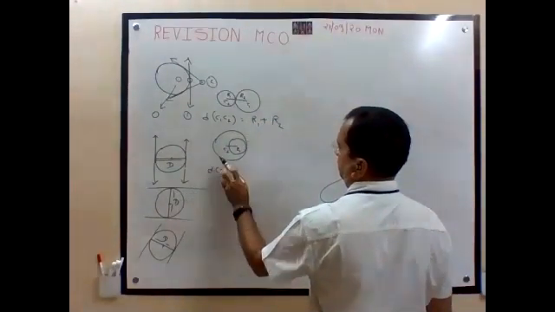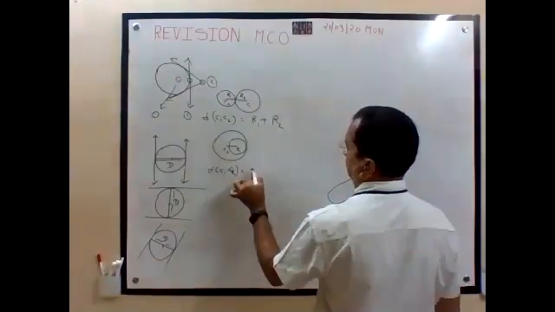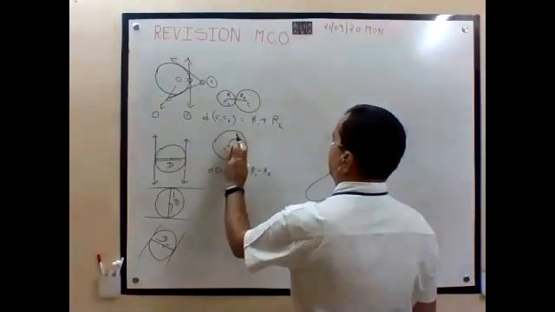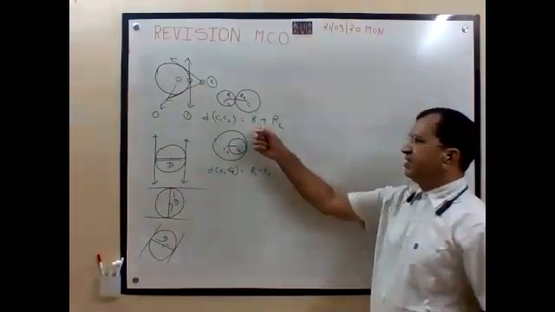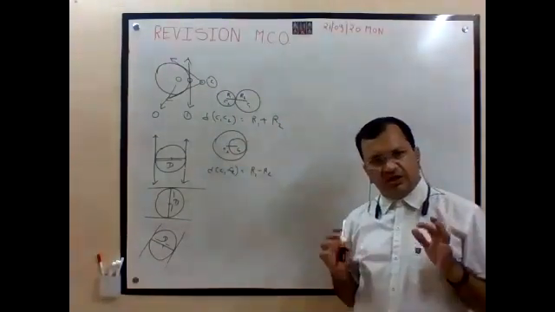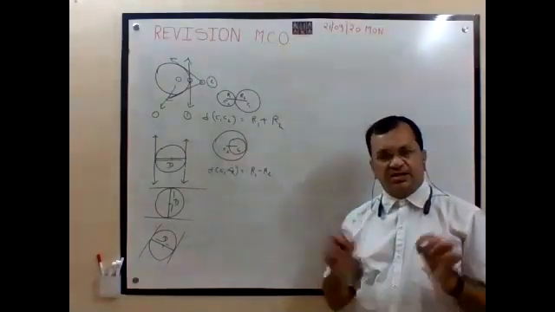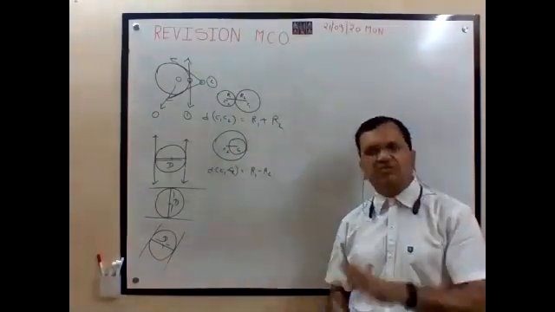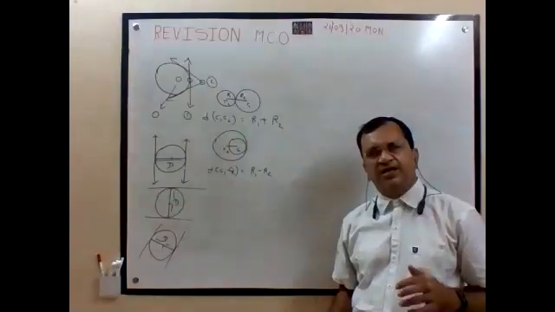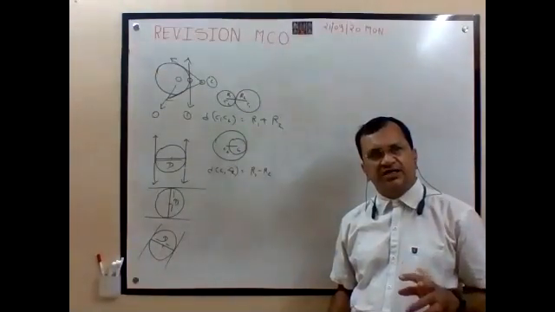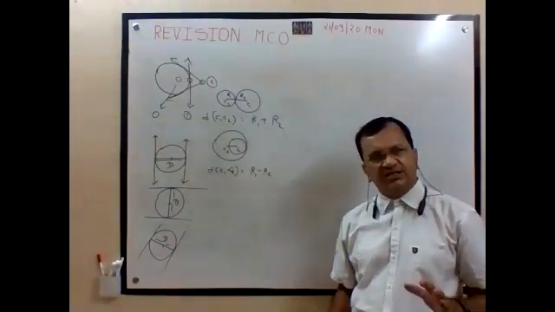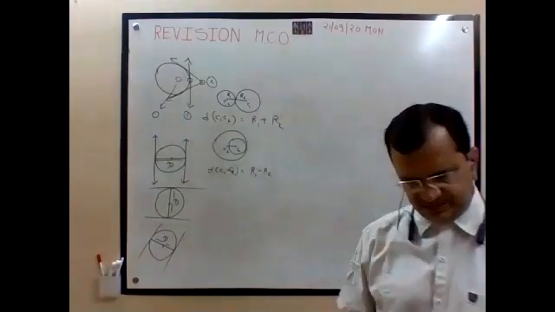Distance between C1 and C2 is big radius minus small radius. Here it is big radius plus small radius. So when circles touch externally, the distance between the centers is always the sum of the radii. And when circles touch internally, the distance between the two centers is the difference of the radii, bigger radius minus smaller radius.